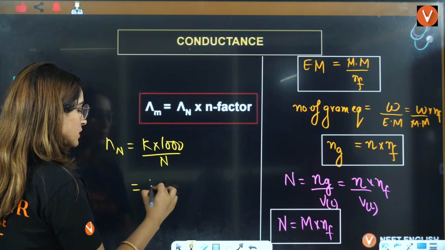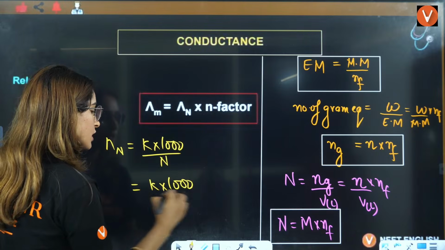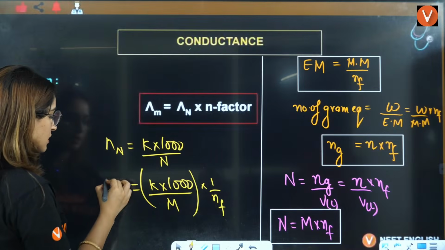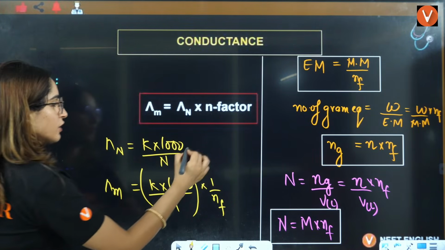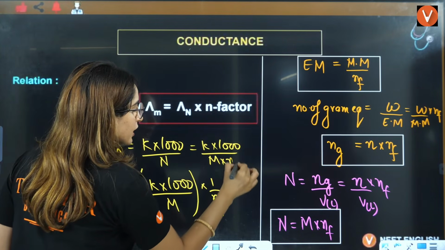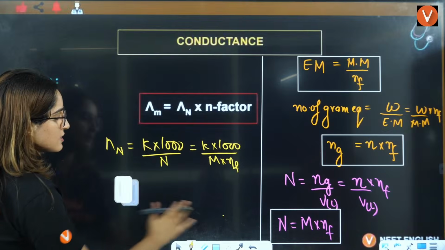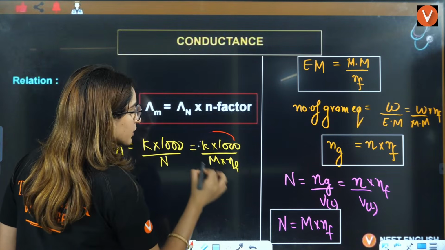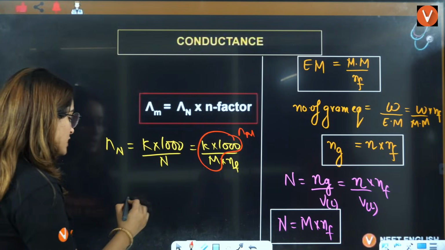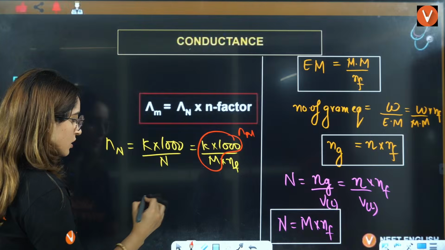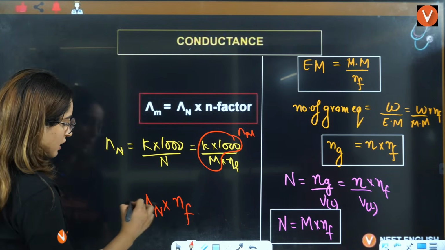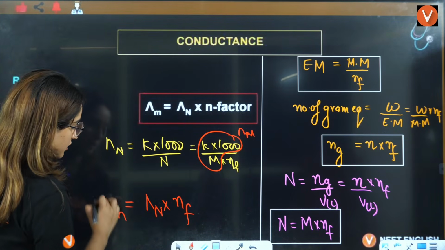So this will be kappa into 1000 divided by molarity into n factor. Now if you see, this particular thing is nothing but molar conductivity. So that's why we write that equivalent conductivity multiplied by n factor is equal to molar conductivity.